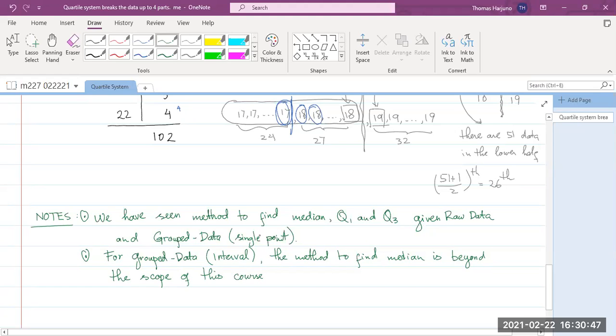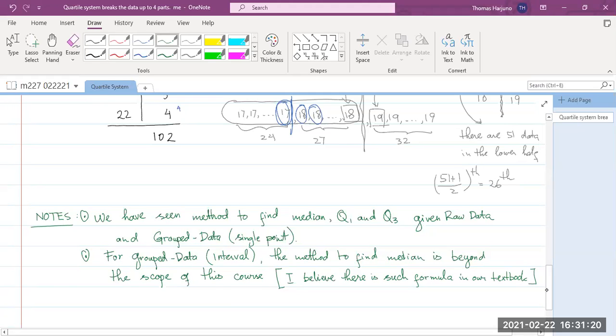Actually, I believe you can find it. I believe there is such a formula in our textbook. Usually it's in the textbook, but it's in the exercise set.